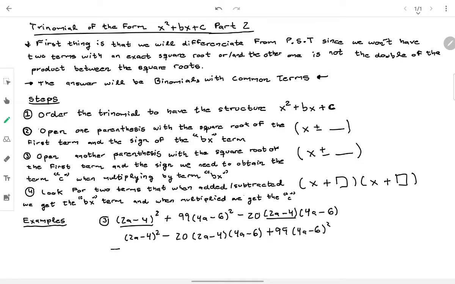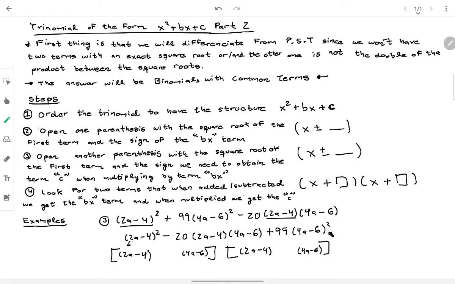So in this one, I will open up two brackets. On those two brackets, of course, I need the square root of the first term in both parentheses. Then, because here we have a squared one, we will need that one, and on the other term, we will need that one.